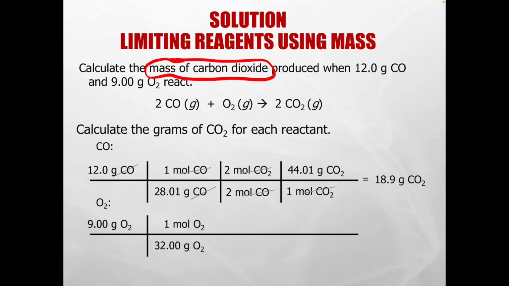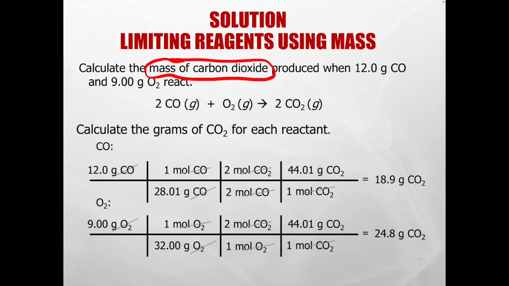Remember, we can only change compounds by using the mole ratio, which means we need to have moles. Now when we do this though, our coefficient in front of oxygen is a 1. So we only have 1 mole of oxygen for 2 moles of carbon dioxide. And then our very last step is to turn our moles of carbon dioxide into grams of carbon dioxide using the molar mass.